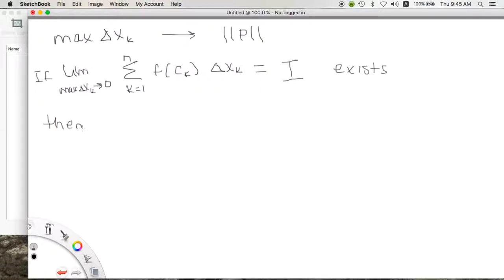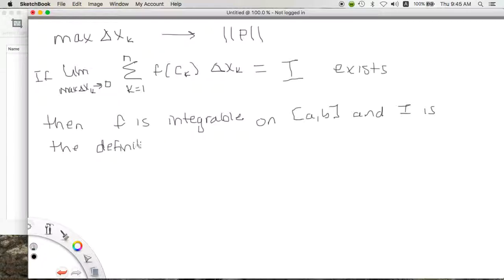then f is integrable on this interval from a to b, and I is called the definite integral of f over this a to b.